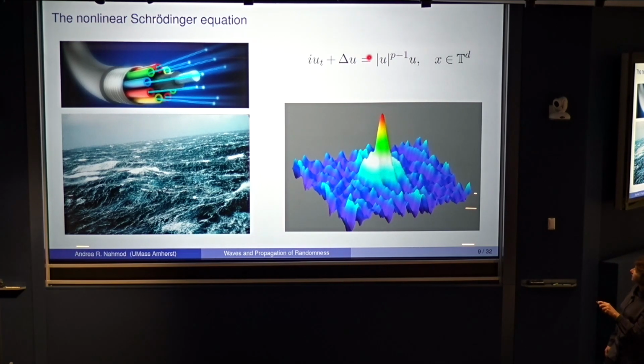I chose the plus sign here, which means I'm always talking about the focusing equation, and my underlying space is always this periodic box. For example, if you look at binary collisions of bosons, you see the cubic equation. But if you look at ternary collisions of bosons, then you see the quintic one.